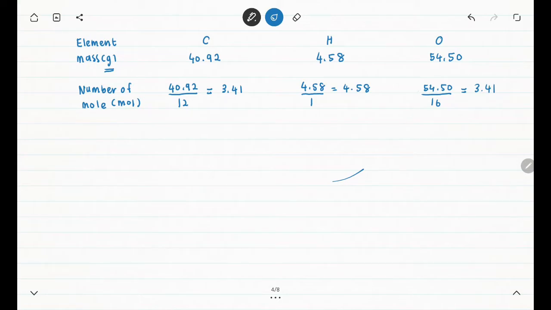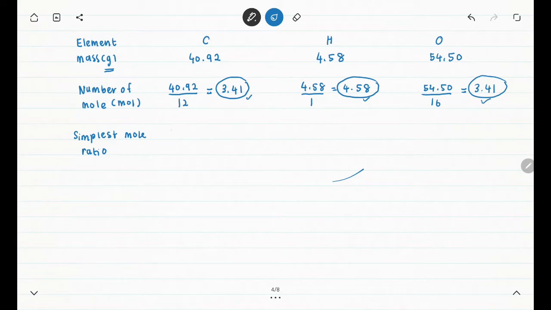And then after that, you need to calculate the simplest mole ratio. How to get the simplest mole ratio? You need to divide the number of mole you get here by the smallest number of mole. When we compare these three numbers of mole, the smallest mole is 3.41.